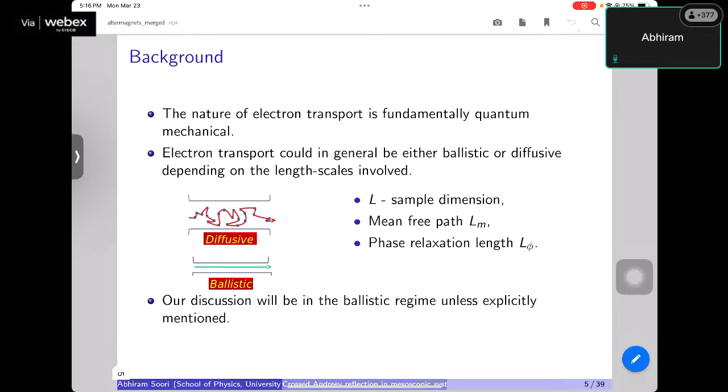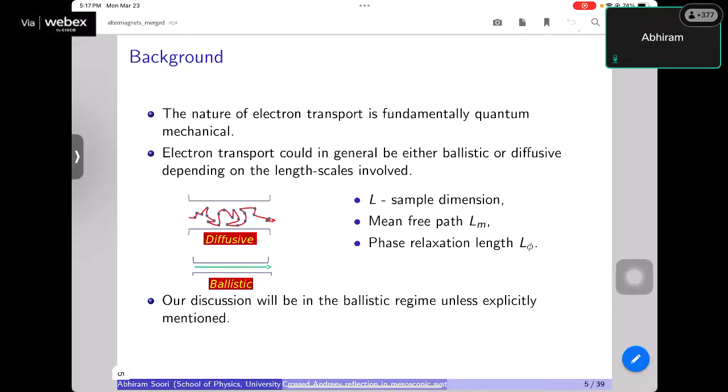So what does this phase relaxation length mean? When an electron travels, there is a phase associated with the electron wave function, right? If it preserves the phase along a certain length, that length is called the phase relaxation length. Above this length, the phase of an electron is lost.